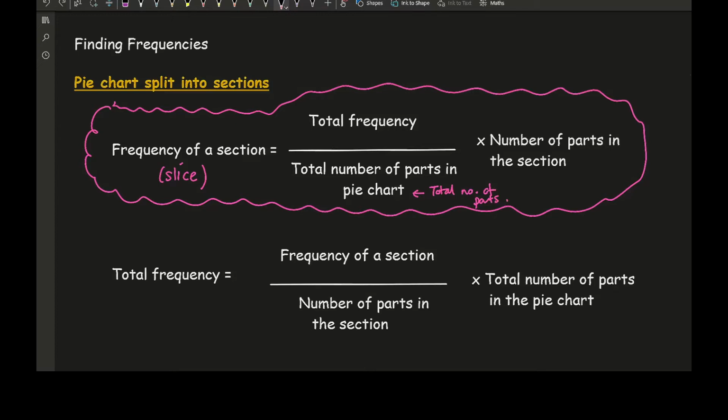That's what this fraction is working out: how many are in one section. And then all you need to do is multiply that by the number of sections of the part that you're actually wanting. So it makes a bit of sense.